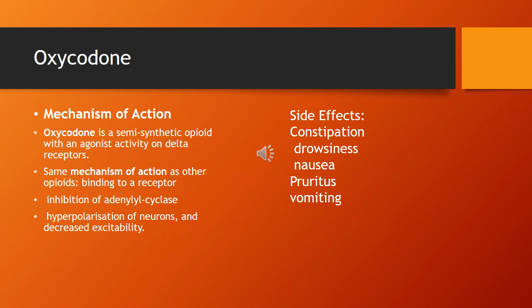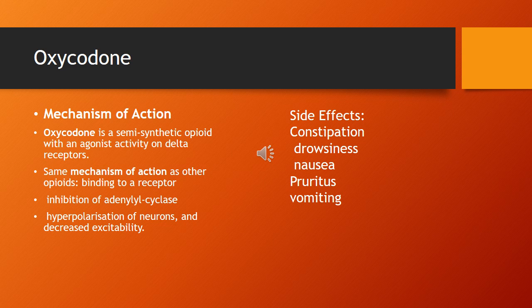Oxycodone is considered a Schedule II medication. I forgot to mention that in the last slide, but it is a Schedule II analgesic classified medication.